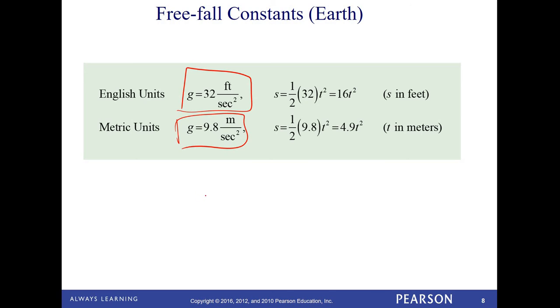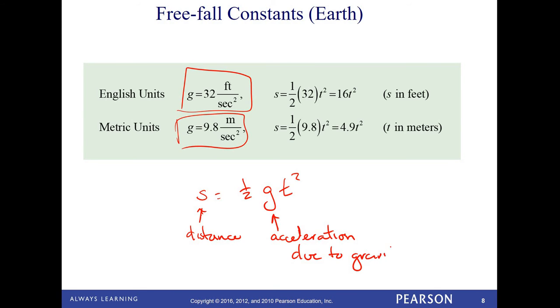Our formula for position or distance is 1/2 g t squared, where g again is the acceleration due to gravity, and t is the time that has elapsed. So using this formula, we can come up with two values, one in feet and one in meters, for our free fall constants.